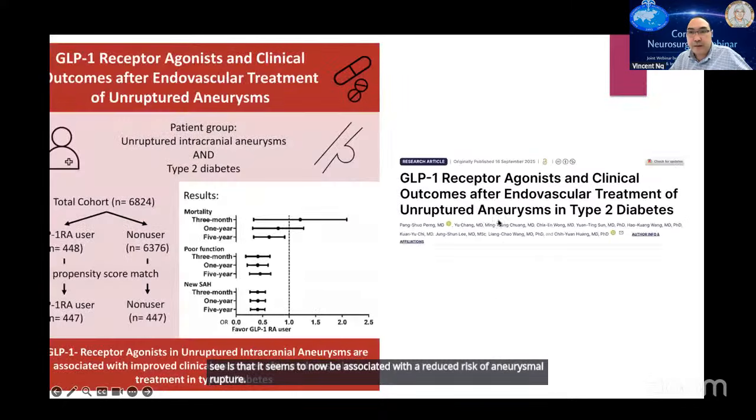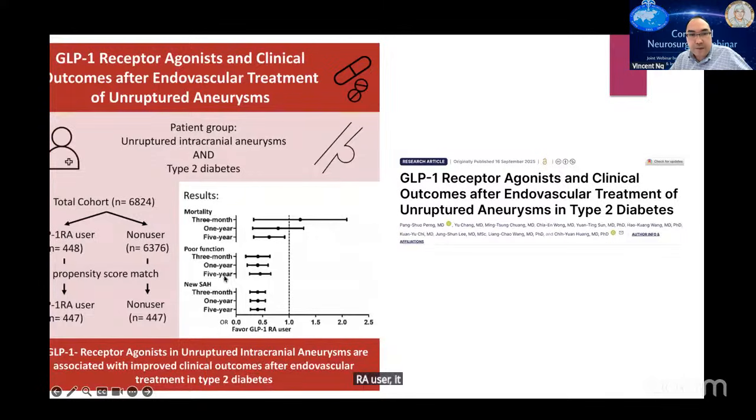You see this as well in GLP-1 receptor agonists and the outcome of endovascular treatment of unruptured aneurysms. In diabetic patients who are GLP-1 RA users, it seems to favor the treatment, with a better outcome as well.